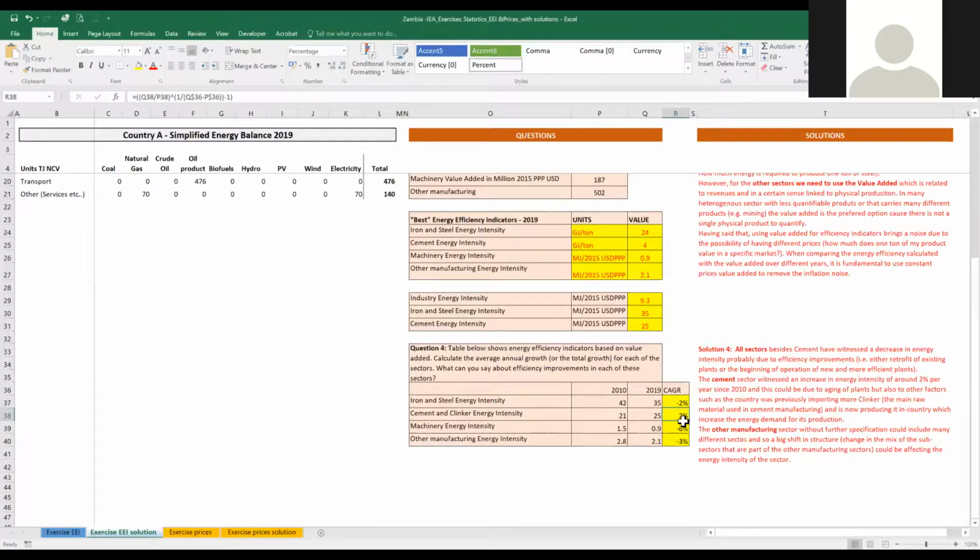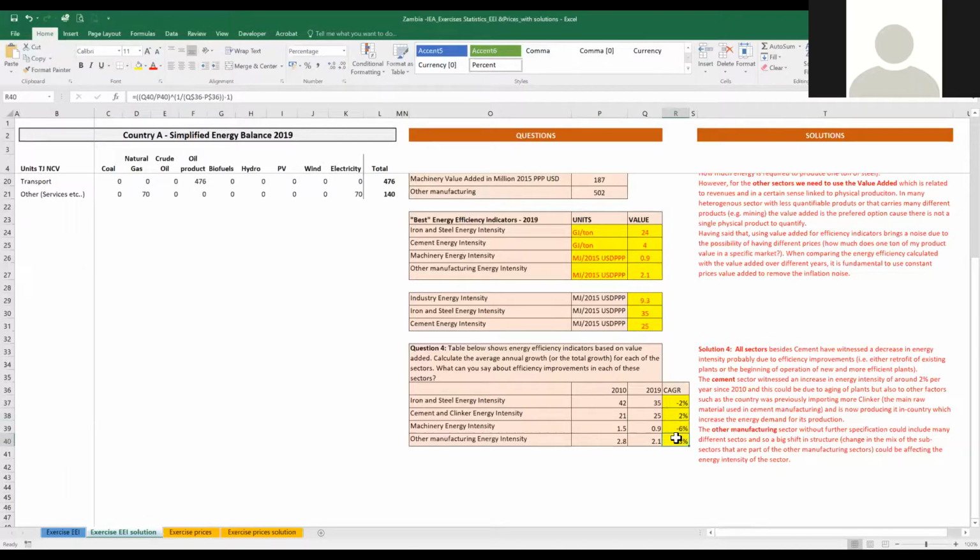However, for the cement sector, there is an increase in energy intensity, and this could be due to maybe aging of plants, but also other factors. For example, the country might have been previously importing more clinker, which is the raw material to produce cement, and is now producing it in the country, and this could increase the energy demand for its production.